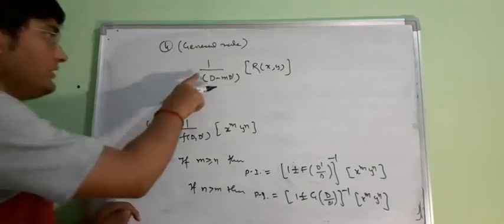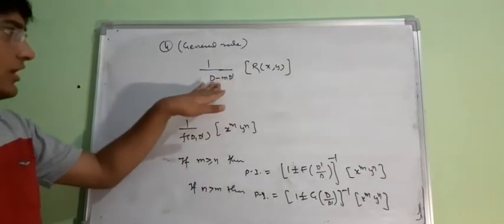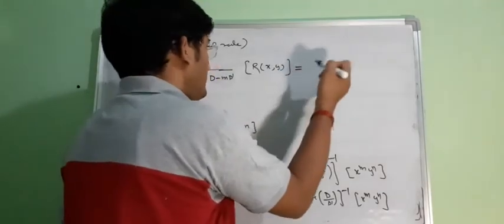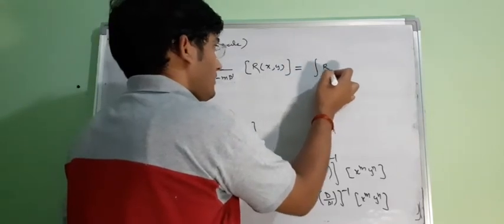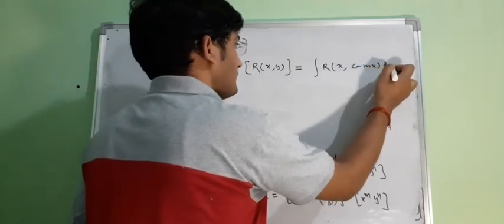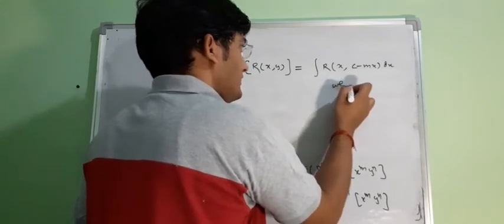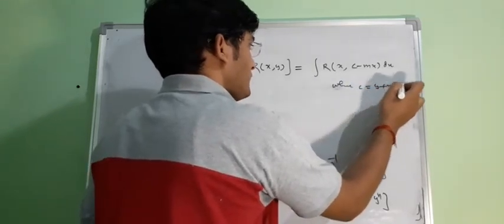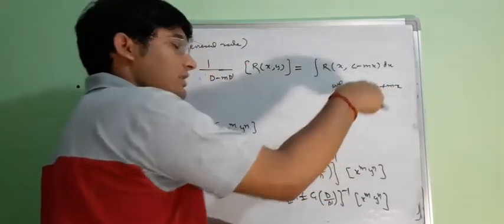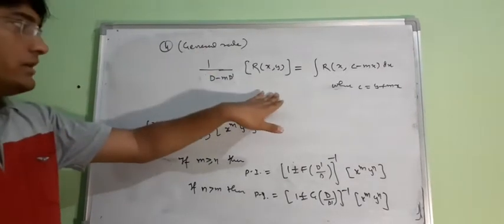Now if we have a linear factor of the type D minus mD dash, then our particular integral will be an integration, where we replace y by c minus mx, so we can say that our c is y plus mx. So if c is y plus mx, then this is again f of x, y. So this is the general rule for the particular integral.